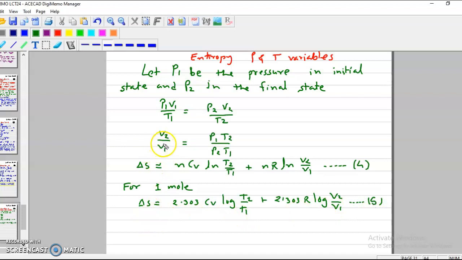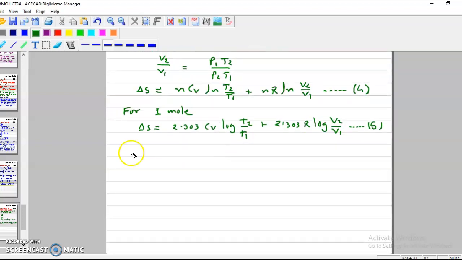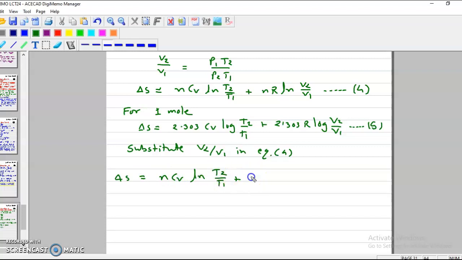Okay. Now here we have derived that V2 upon V1 is equal to P1 T2 upon P2 T1. Substitute these values in equation 4. So substitute V2 by V1 in equation 4. So we get delta S is equal to nCv ln T2 upon T1 plus nR ln P1 T2 upon P2 T1.